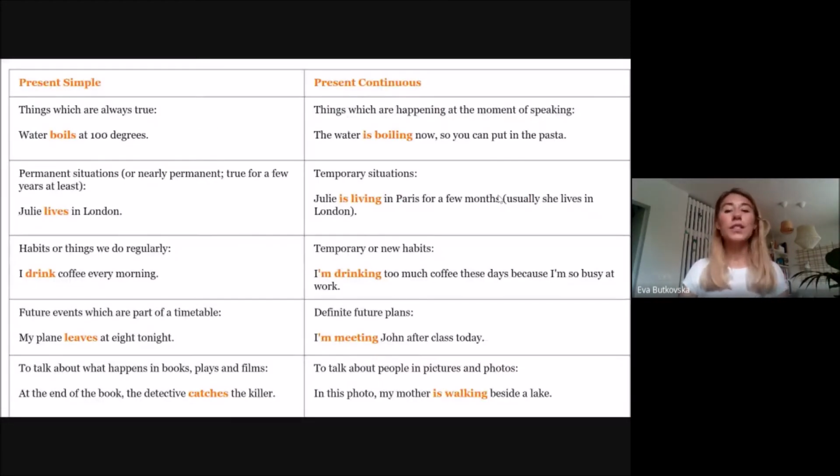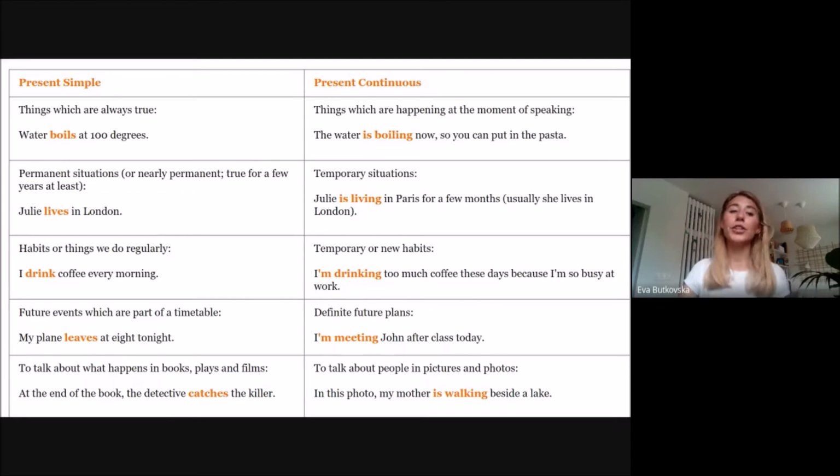Before we start to do some exercises, let's quickly review what we learned today. Present simple is for things that are always true. The water boils at 100 degrees. Present continuous we use when things are happening at the moment of speaking. For example, turn it off, the water is boiling now.